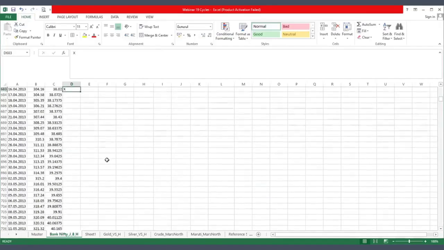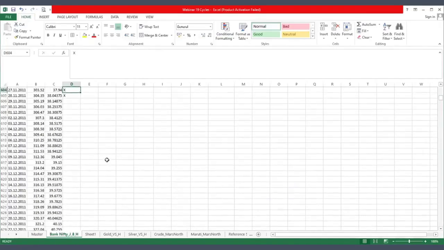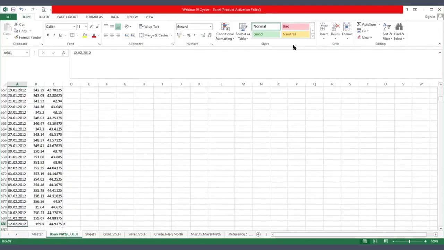Now let's see the cycle prior to this. 28th of November and 12th of February.